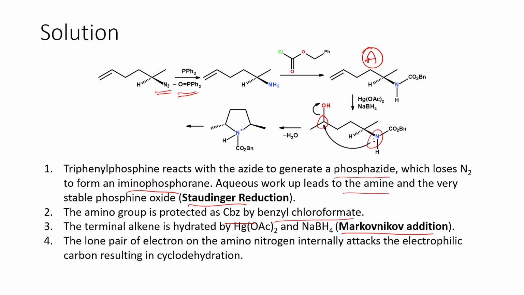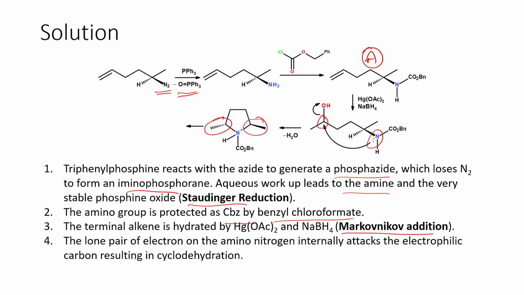So this nucleophilic nitrogen atom internally attacks the electrophilic carbon, and that leads to a cyclization as shown here. In this particular case, it is the trans geometry that is happening.